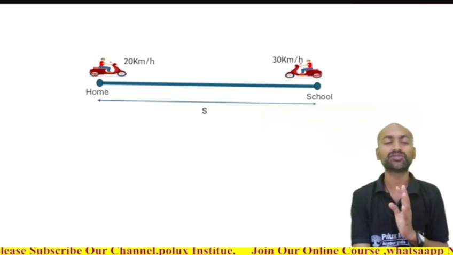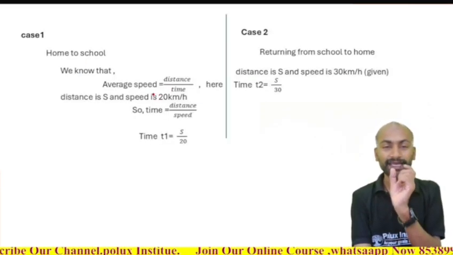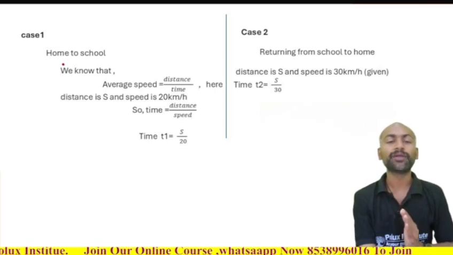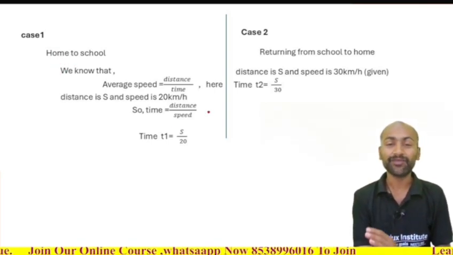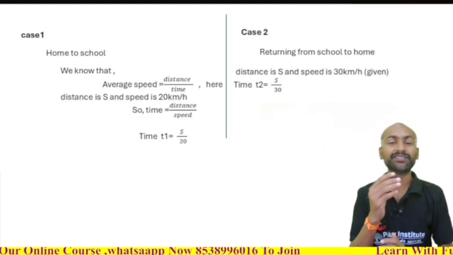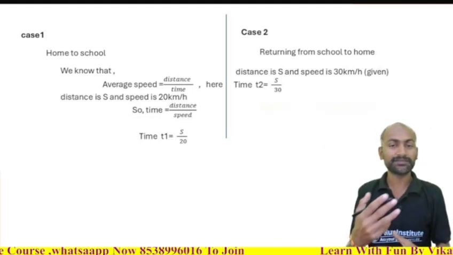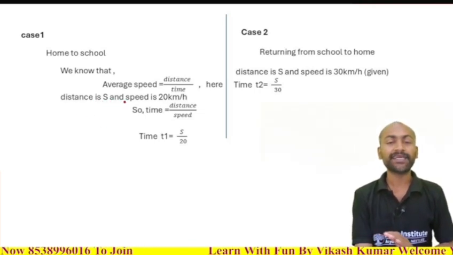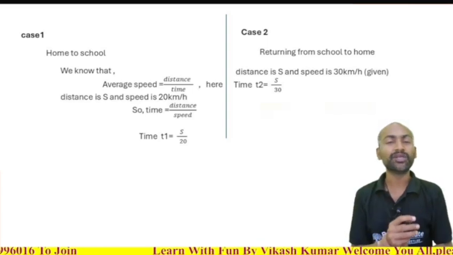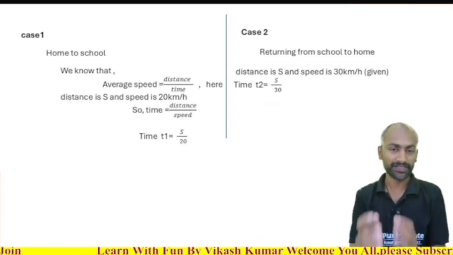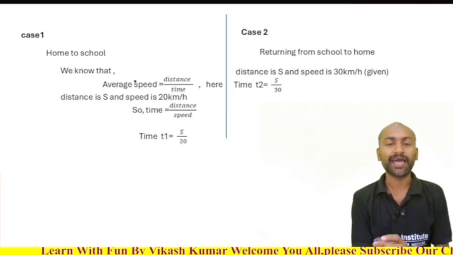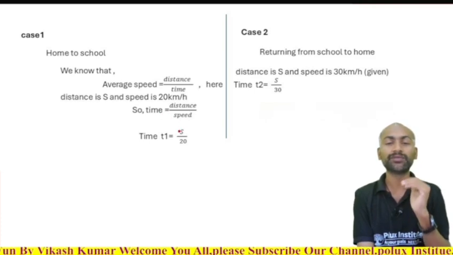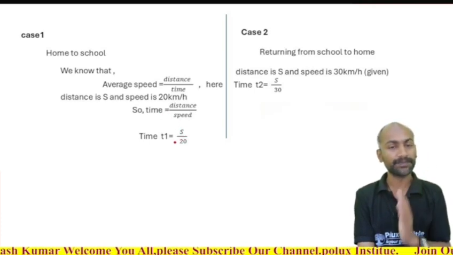Let's move toward the solution. So case 1, we are considering that Abdul is moving from home to school, and we know that average speed is total distance by total time taken. So here the distance is S and the speed is 20 km per hour for going, so the time can be written as time equal to distance by speed.